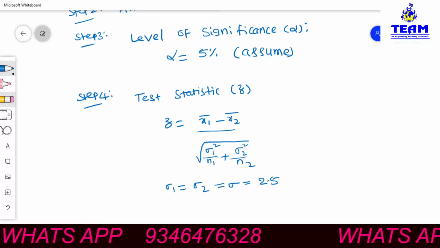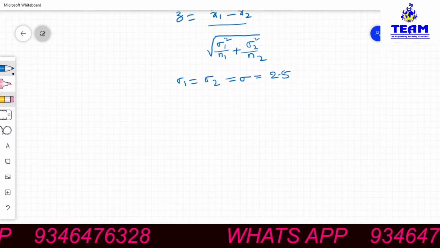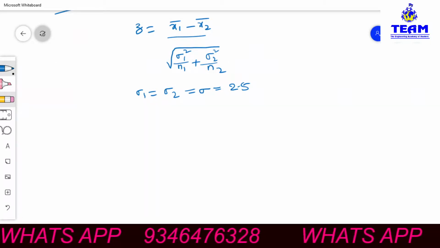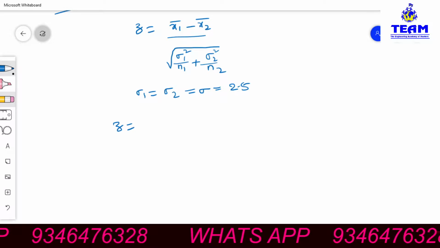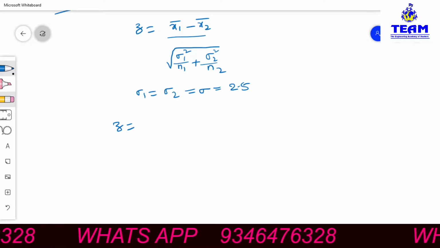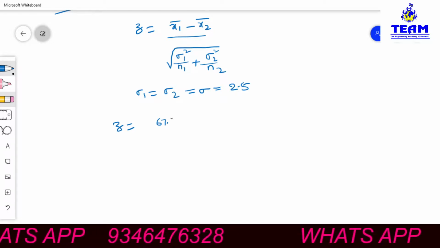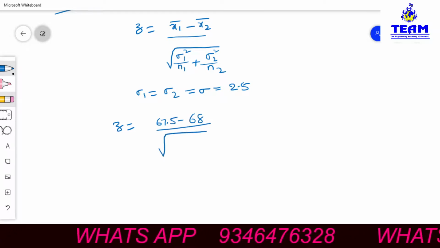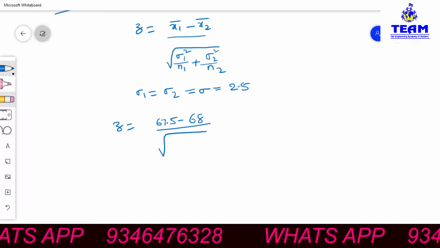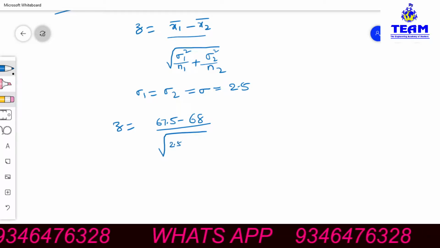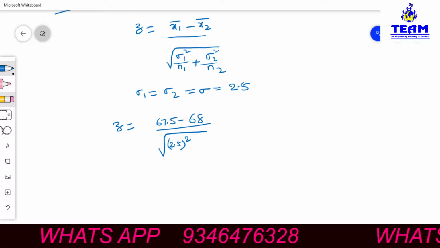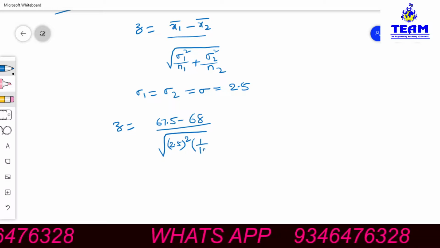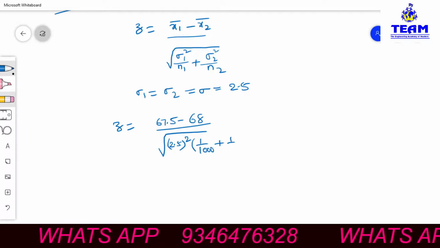Substitute all these values in the above test statistic. We get Z is equal to x1 bar is 67.5 minus 68 by under root of, I am taking 2.5 common, because both are equal, which can be represented as 1 by 1000 plus 1 by 2000.